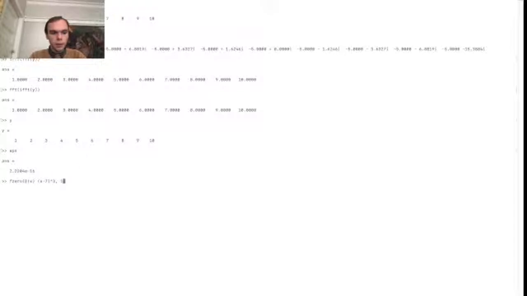But if we pick a stupid first guess, let's make it 1, this will perform a bunch of iterations, and once it converges enough to the point that it's not changing the guess very much at each iteration, it will stop and return us this value of 7, which is pretty good.